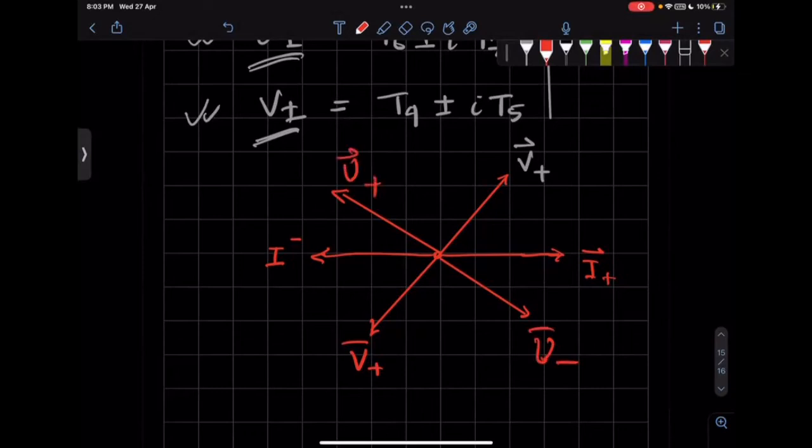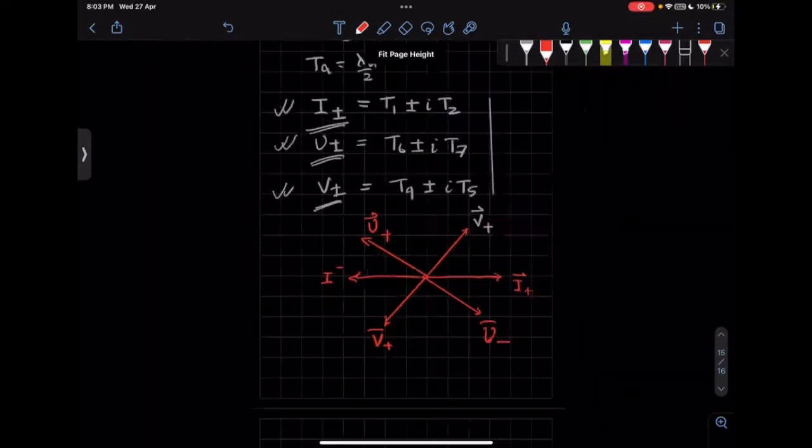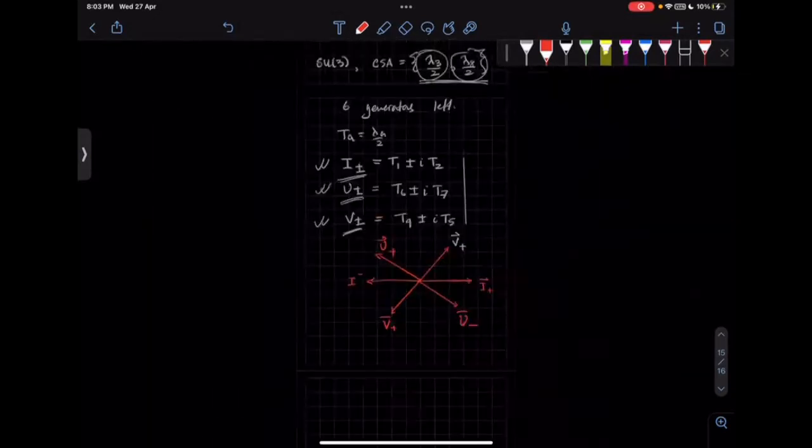Okay, so do you understand what's happening here? Each of these is changing the lambda 3 and lambda 8 values of whatever state they're acting on.